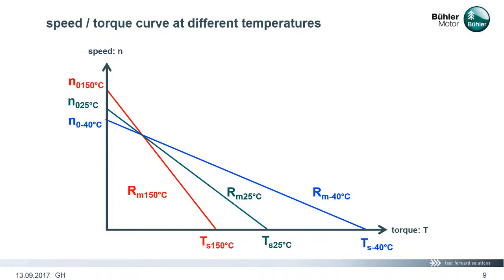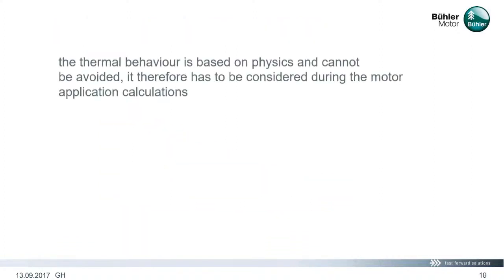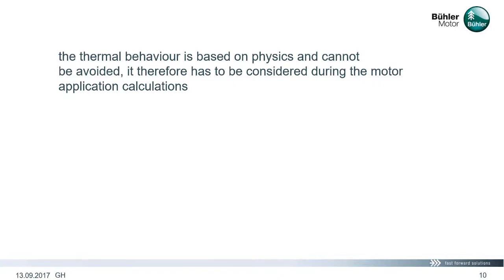The knowledge of this behavior of the motor is important for the functionality in the application. The thermal behavior is based on physics and cannot be avoided. It therefore has to be considered during the motor application calculations.